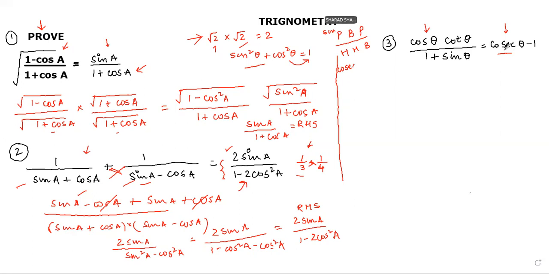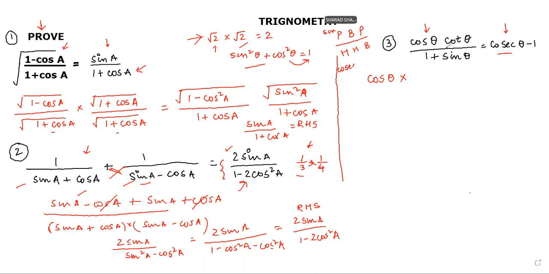So somewhere in the right, I need something sine, right? And in the left-hand side, I am given cos, I am given cot, and yes, there is one sine in the denominator. So what is the first step? Convert cos and cot into sine and cos. All right, so let me first convert the cot theta.